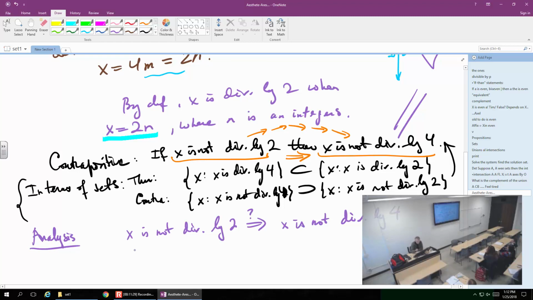Let's state it once again; we don't want to keep it in our heads. So x is not a multiple of 2. Similarly, x is not a multiple of 4.